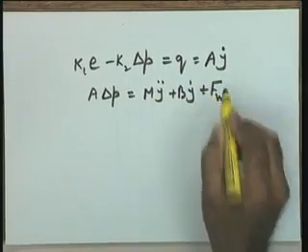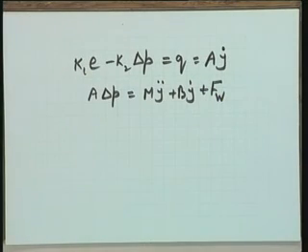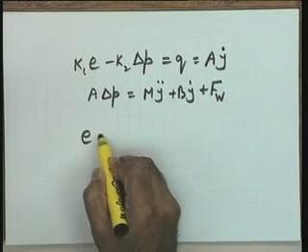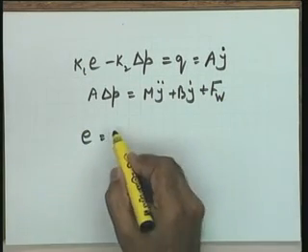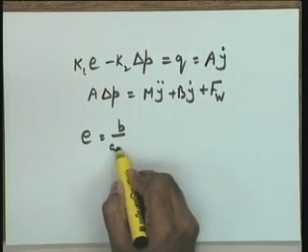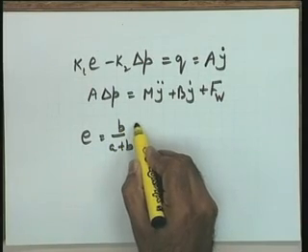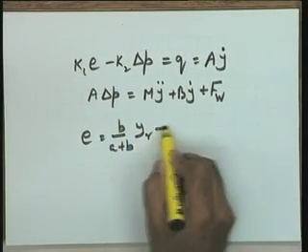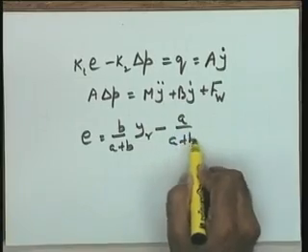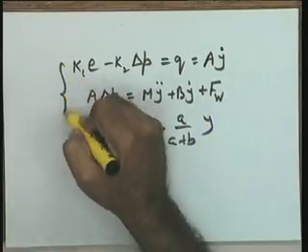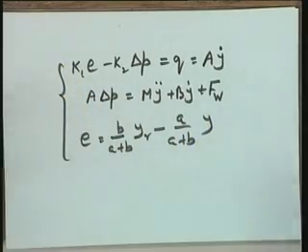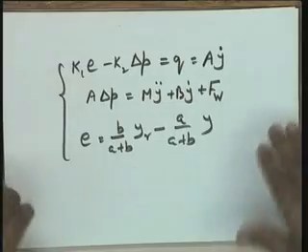These are the two equations, and in addition today you have derived an equation, E is equal to B over A plus B into Y R minus A over A plus B into Y. That is all. These are the three basic equations which describe this particular system, and based on these three equations we can now draw the overall block diagram of the system.